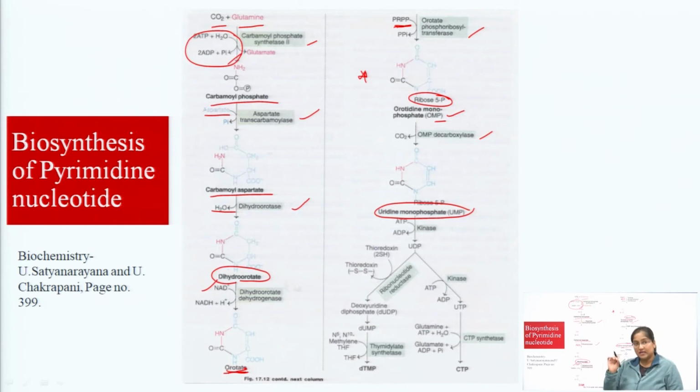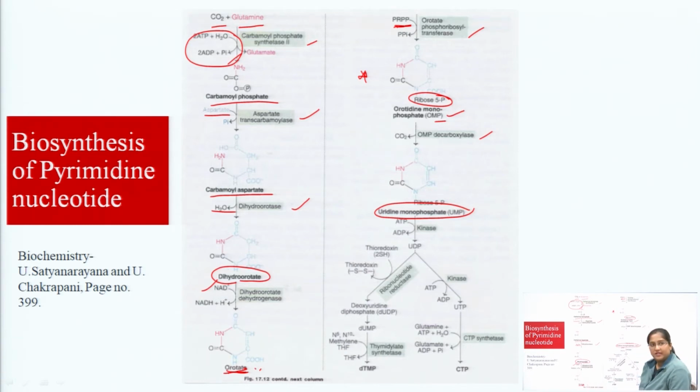So, this needs to be remembered: after the step when we synthesized our orotate, in the next step, when we convert this orotate into OMP, orotidine monophosphate, the name monophosphate came because we have incorporated our ribosyl 5 phosphate here in this step only.